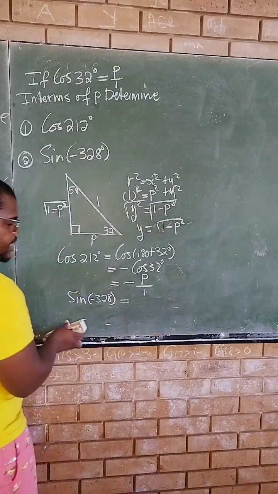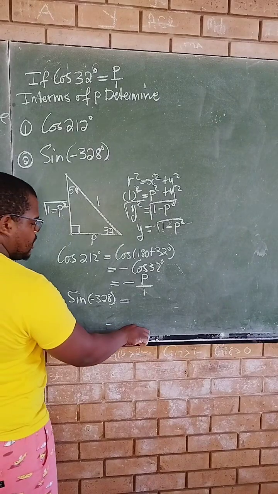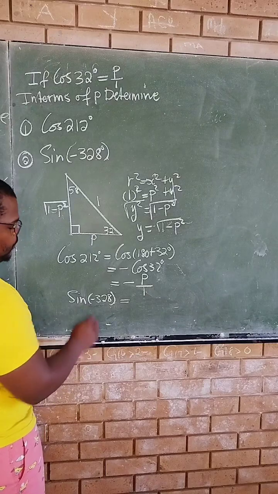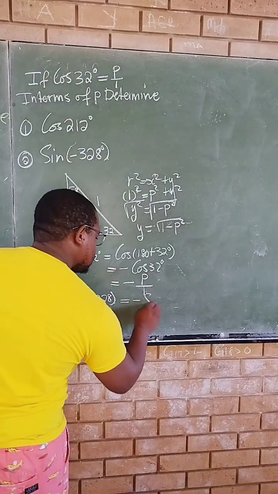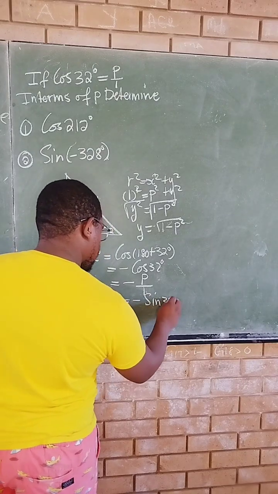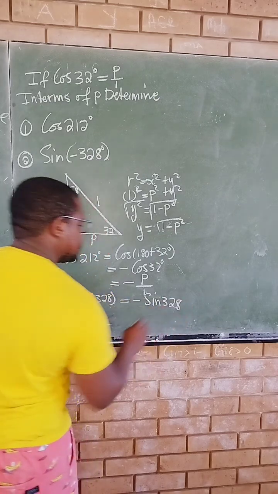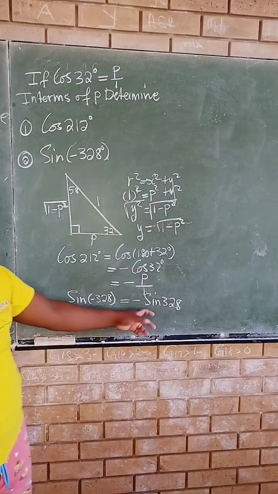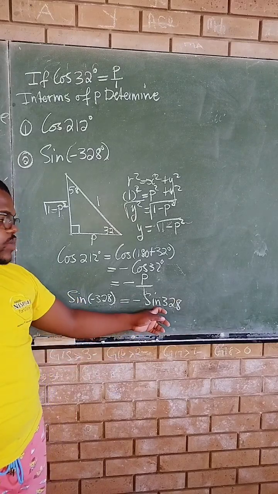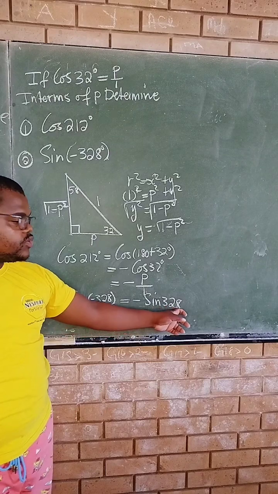That's what grade 11s are familiar with. What do we do here, okay? For here, we will say this is negative sine 328. Okay? So now we check which quadrant 328 is.